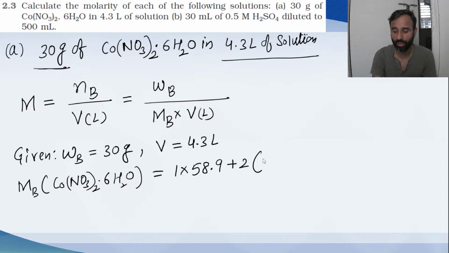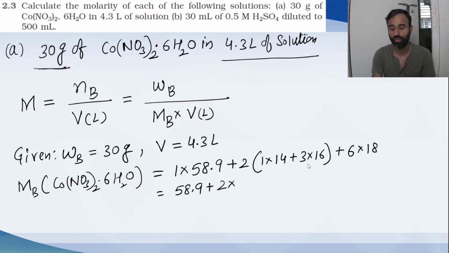There are 2 NO3, right? So 2 into 1 into 14 plus 3 into 16, plus 6 into H2O, that is 18. So it is 58.9 plus 2 into 48 plus 14, that is 62, plus 18 into 6.